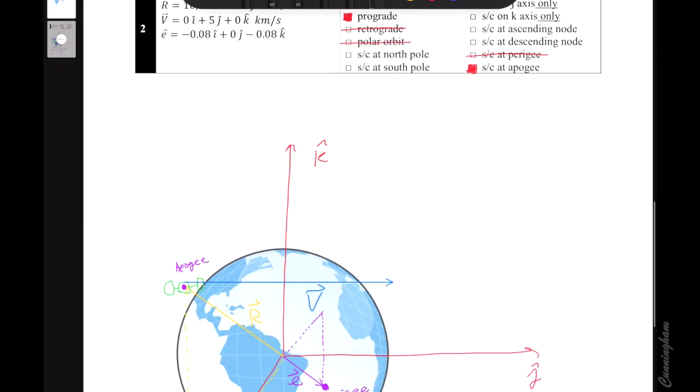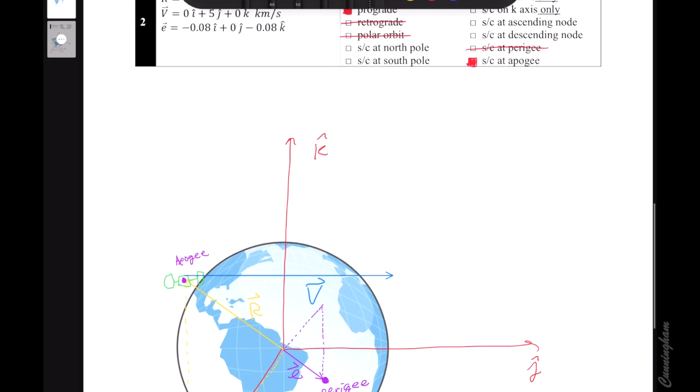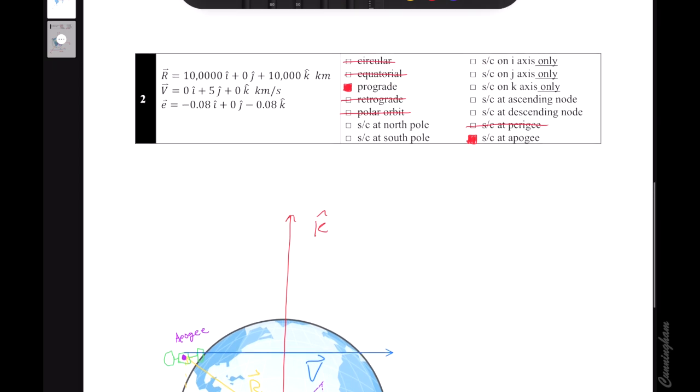How do I know it's not polar? Well, remember, if we have a prograde orbit, that means some element of that orbit's rotation shares the Earth's eastward rotation. With a polar orbit, you're coming directly over the poles, and basically no element of your orbit shares the Earth's eastward rotation. So basically, if it's prograde, it cannot be retrograde or polar.